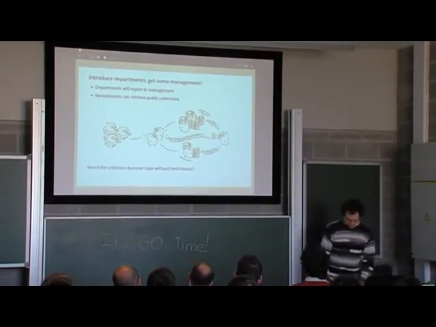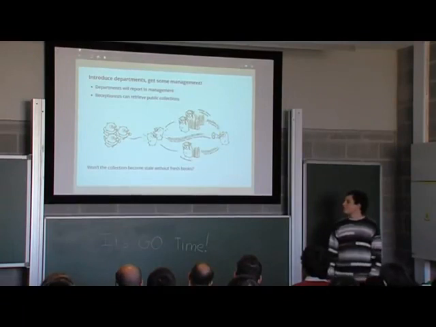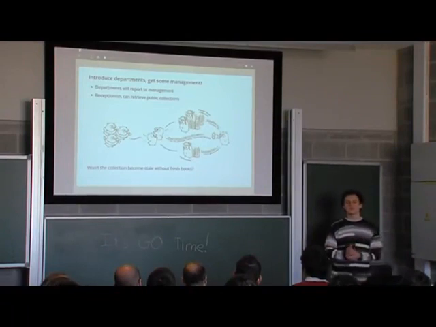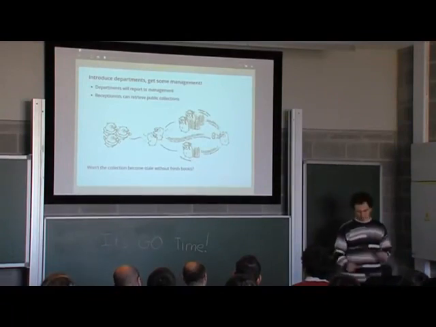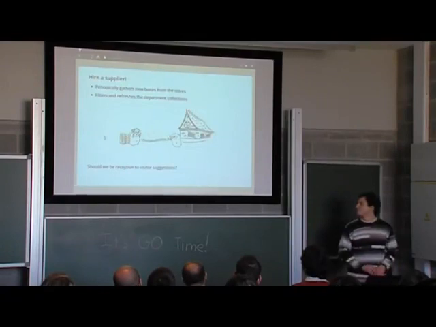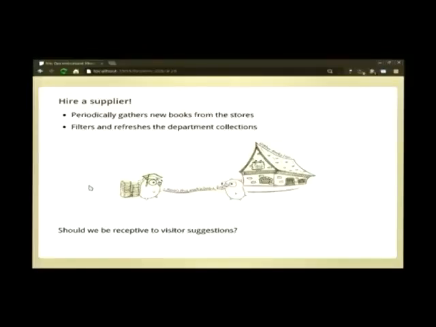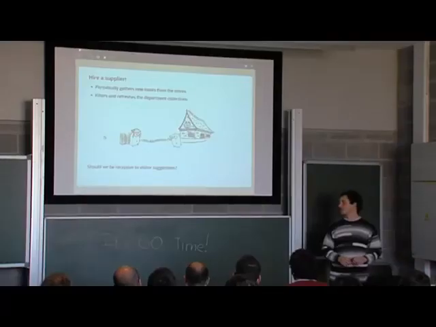Okay, but what happens if, so this way the library works. It's a working model. Yes, but we would like to actually introduce new books to the library. Well, we can introduce a bookstore, let's call it Gopher Books Incorporated, and have a salesperson periodically, let's say every week, go to the store, buy all the books that are on Gopher Town and the boroughs, and get them to the librarians.